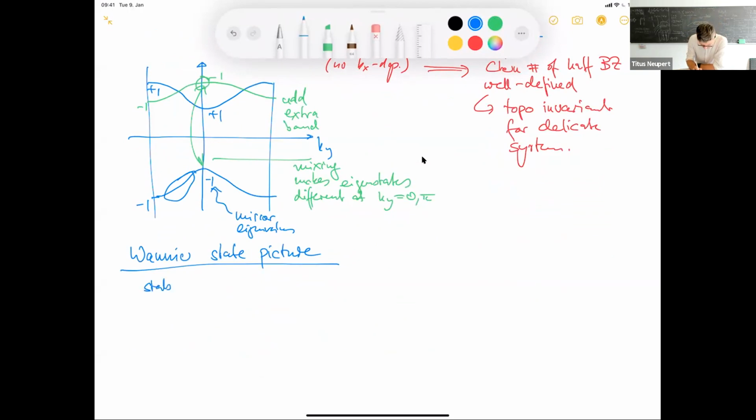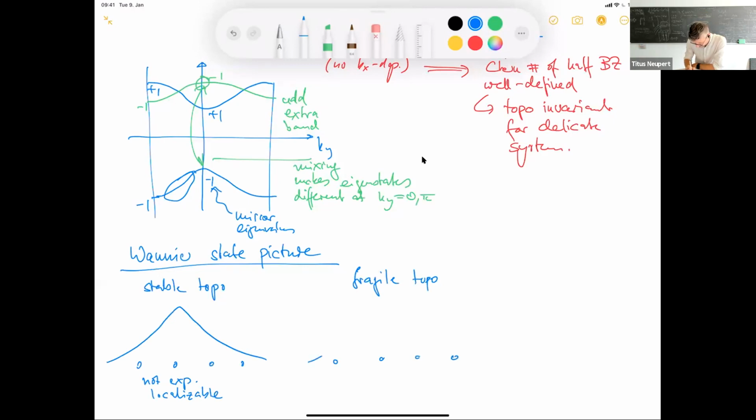So if you have a stable topology and you have your atoms, then no matter what you do, your Wannier eigenstates are very extended, so not exponentially localizable. If you have a fragile topological system, then the picture, if you impose the symmetry on the Wannier state, looks very similar. So note, for instance, that I put a Wannier state here at the high symmetry position. But actually, so there's one option to evade that.